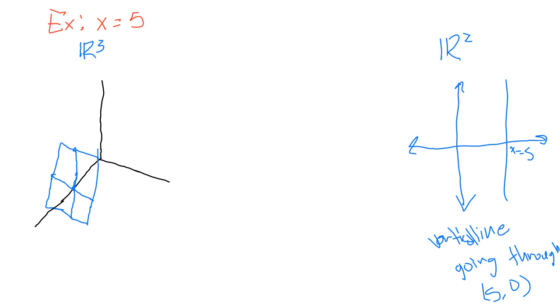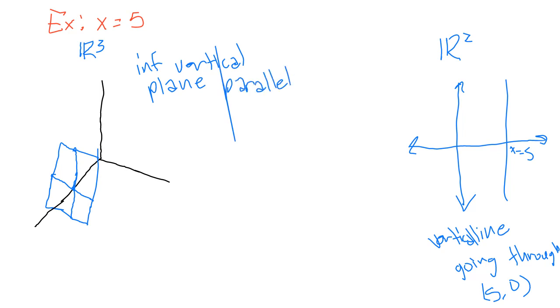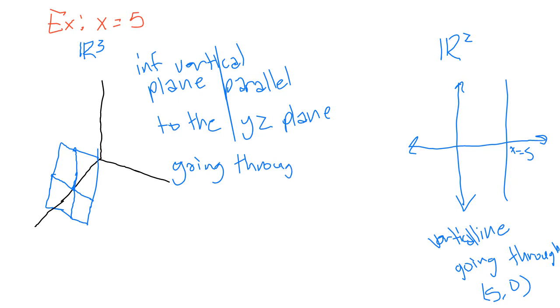Whereas here we get an infinite vertical plane parallel to the YZ plane going through the point 5, 0, 0.